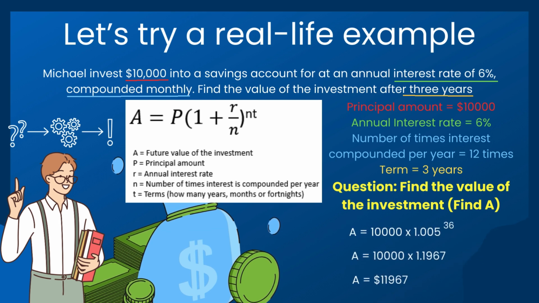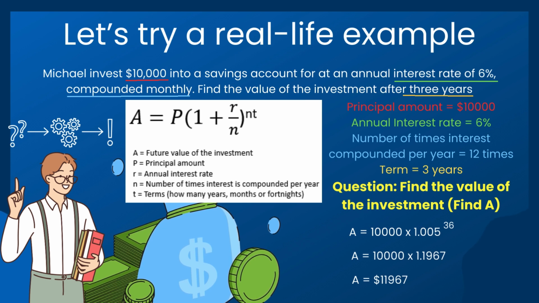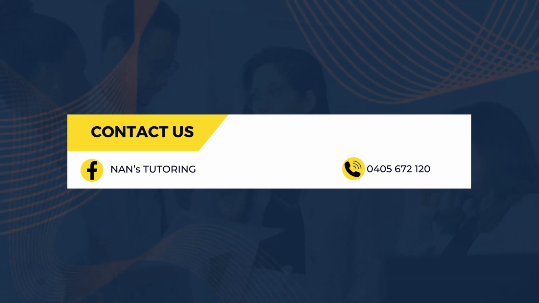And after doing that calculation, the A value will be $11,967, which means after 3 years, Michael's investment is now $11,967, which is $1,967 of interest accumulated after 3 years.